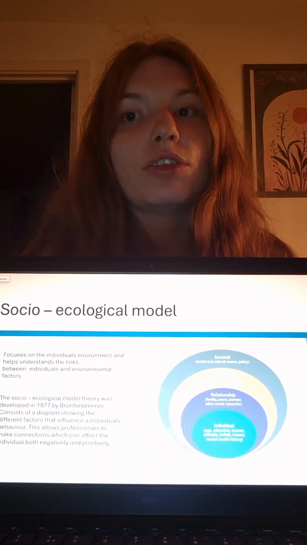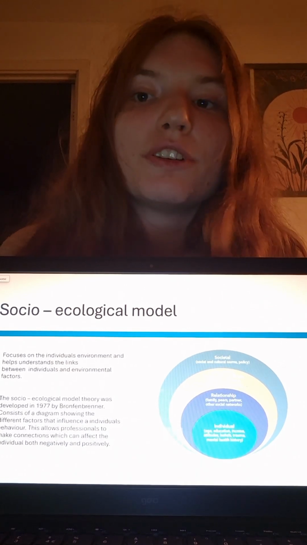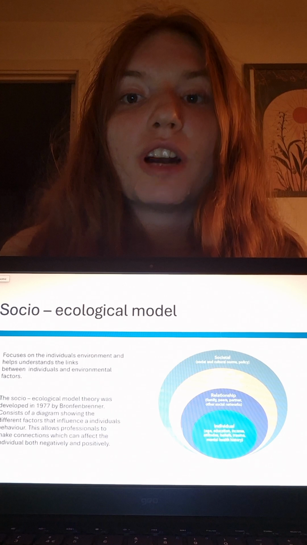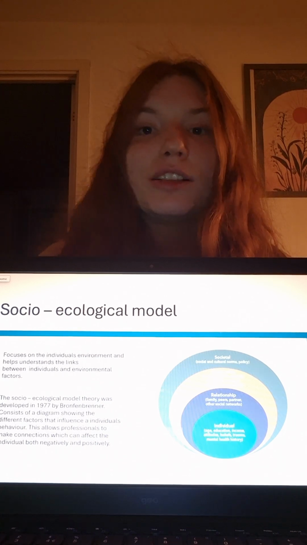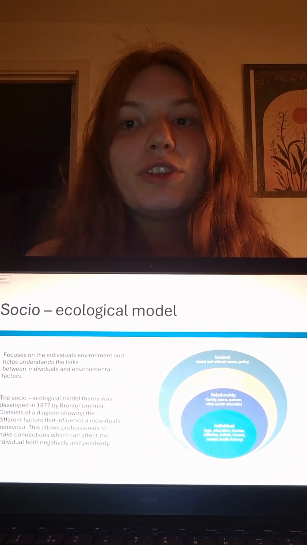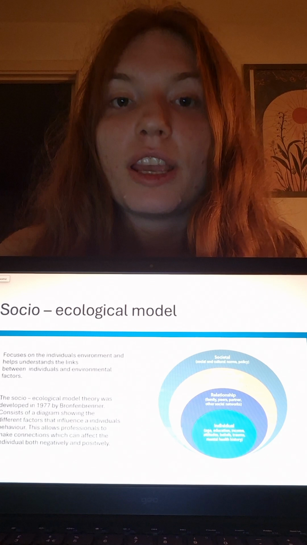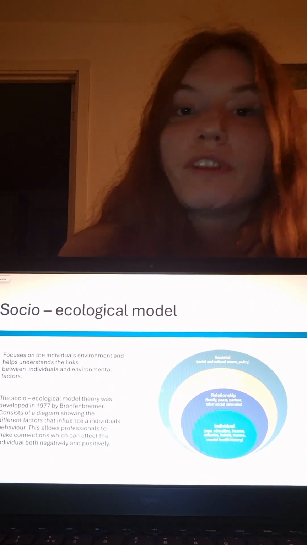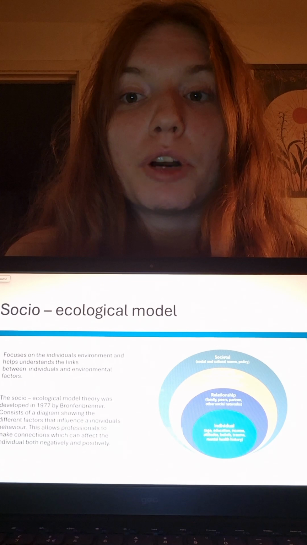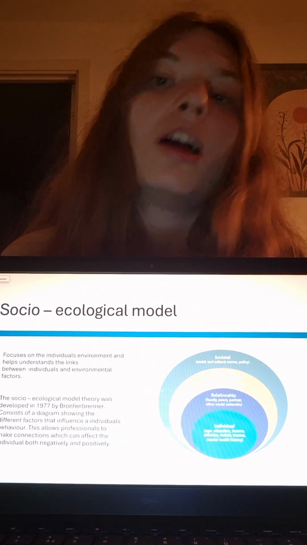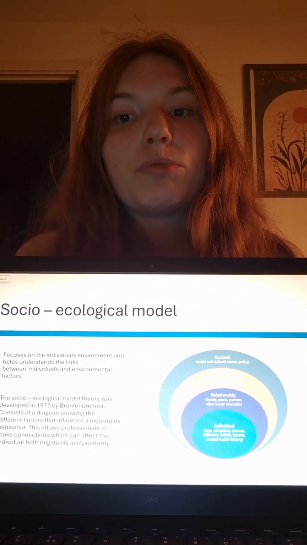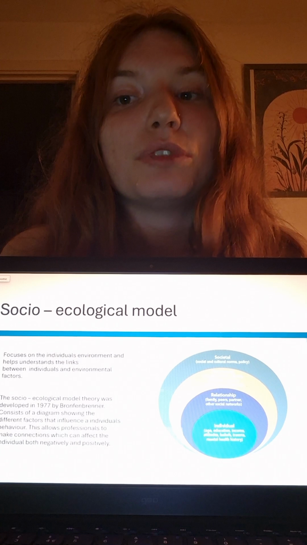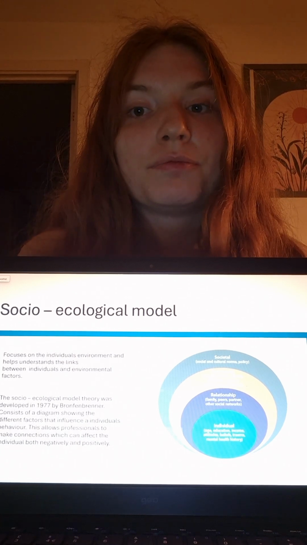The social ecological model. This focuses on the individual's environment and helps them understand links between both the individual and the environment they are in. The social ecological model theory was developed in 1977 by Brophy-Benner, which consists of a diagram showing the different factors that influence an individual's behaviour.